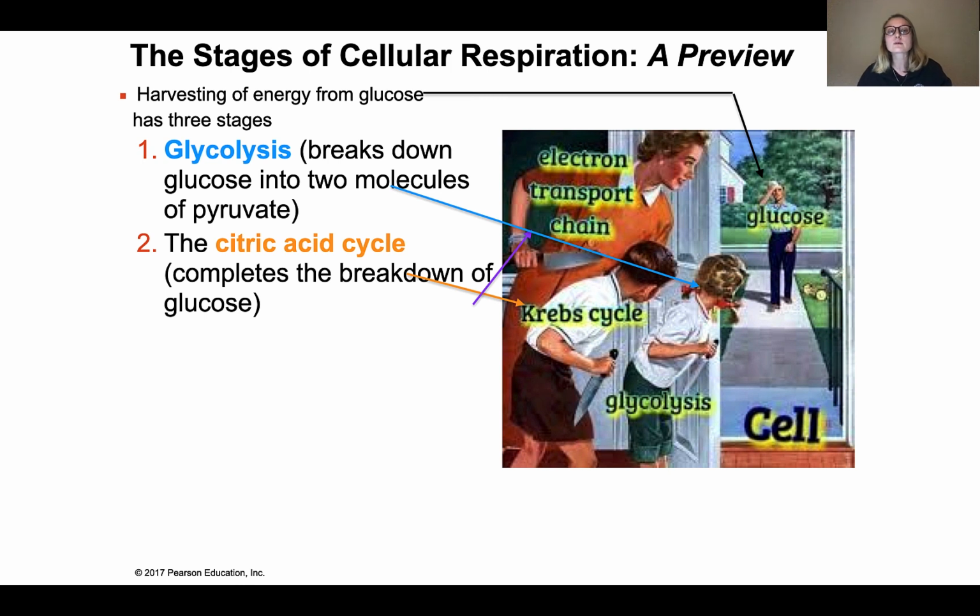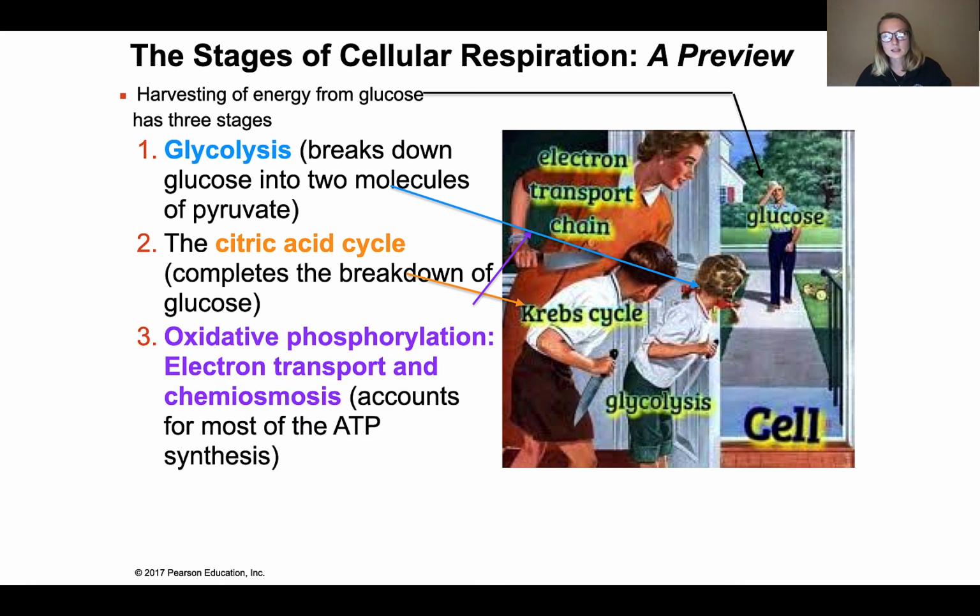Next, those molecules of pyruvate enter the citric acid cycle. And once those are broken down, we have now completed the breakdown of glucose. Next is oxidative phosphorylation, which encompasses both the electron transport chain and chemiosmosis. These together account for most of our ATP synthesis.